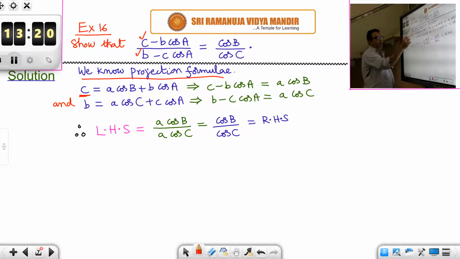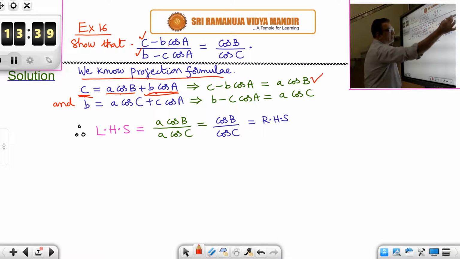Remaining letters are a and b. So a cos b plus b cos a. That is the projection rule for small c. Now c minus b cos a: this b cos a we have to take to the left side. So c minus b cos a is equal to a cos b.